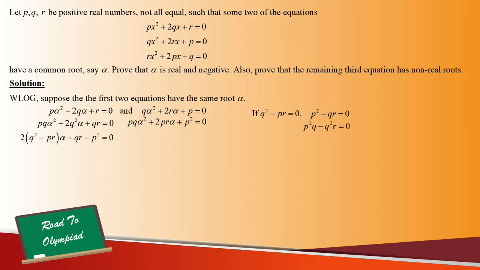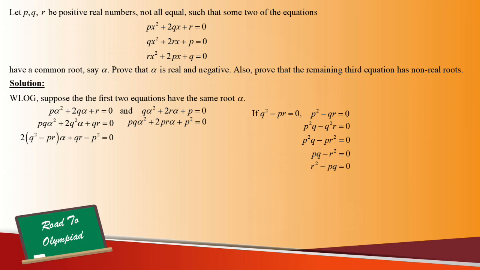Multiplying by q, substituting q squared is equal to pr from the fact that q squared minus pr is equal to 0, we have p squared q minus pr squared is equal to 0. We can divide by p here since p is given to be positive. And so we have pq minus r squared is equal to 0, or r squared minus pq is equal to 0.